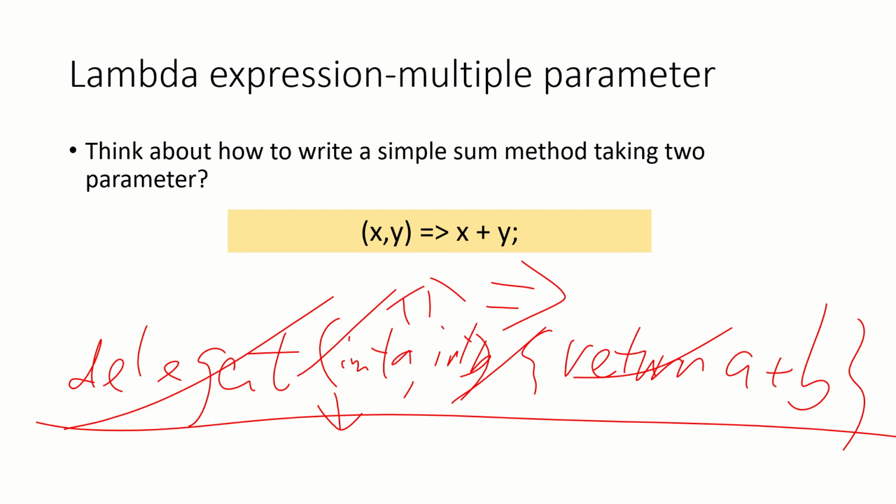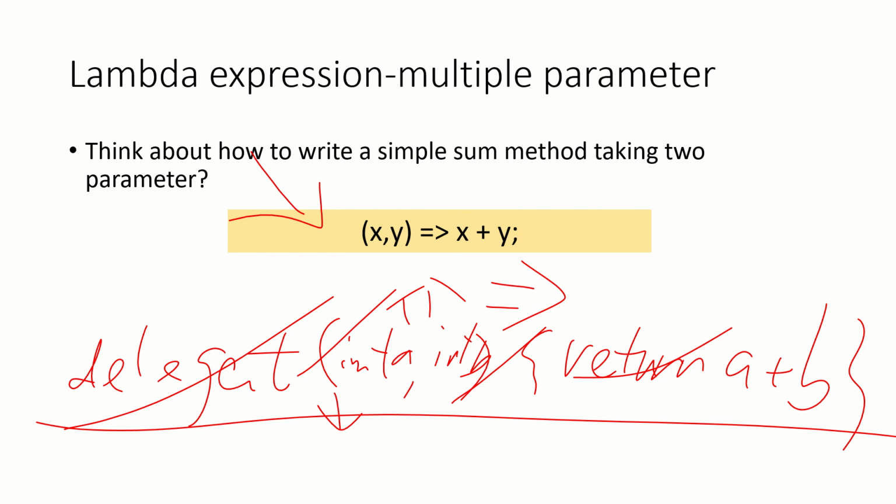You need to know how to read the delegate method. Okay, if you don't know about the delegation or anonymous method, you have no idea how to convert them into the lambda. Okay, step by step, right?